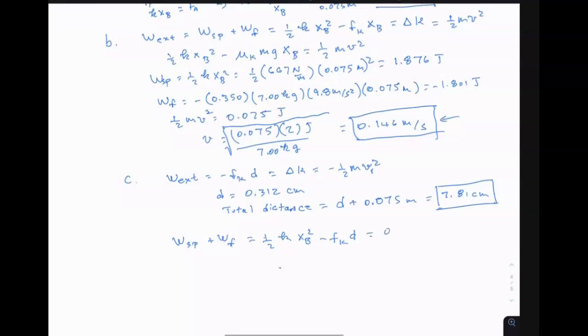So now the total distance is equal to 1/2 K XB squared over F sub K. And if you use this method, then you'll get the same total distance of 7.81 centimeters.